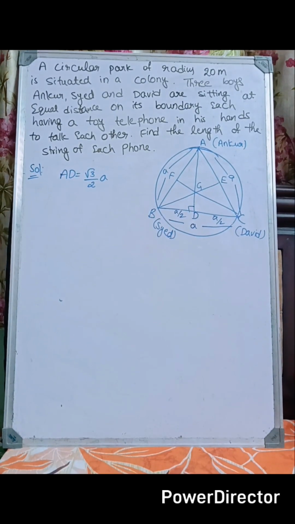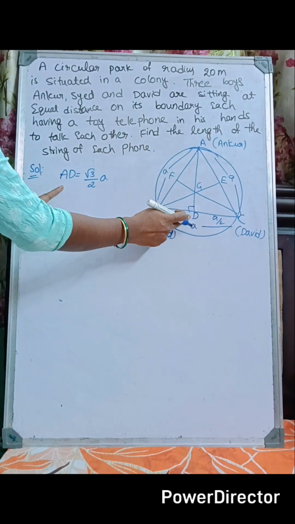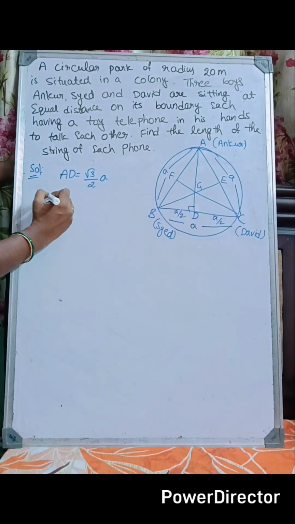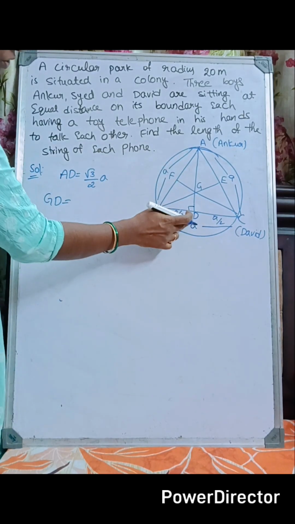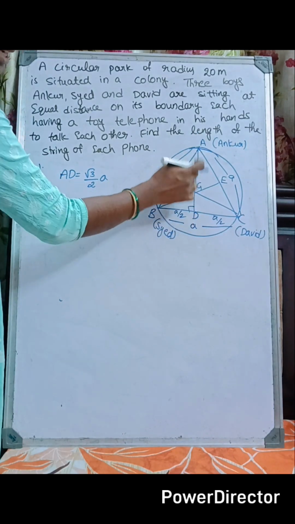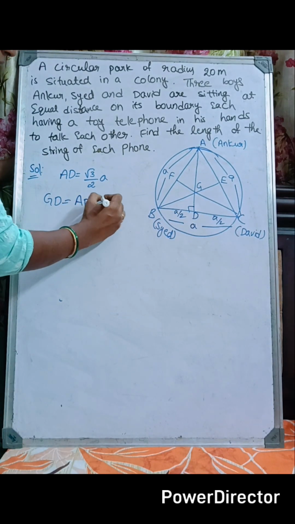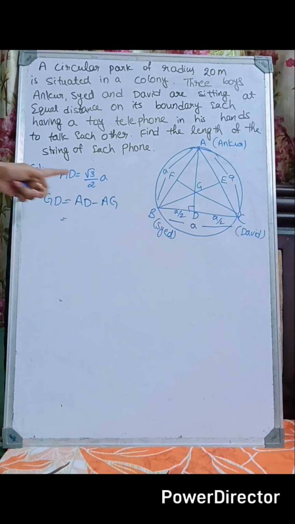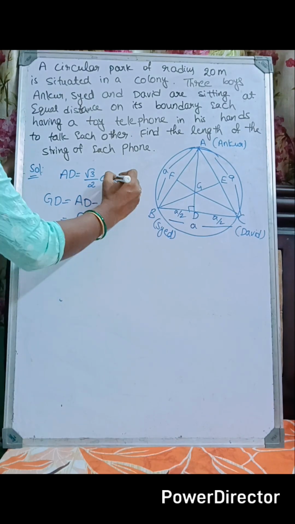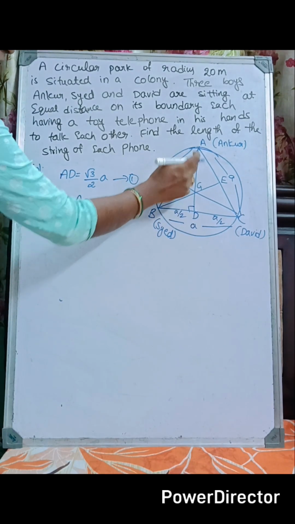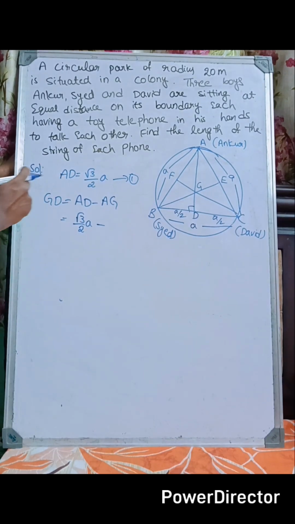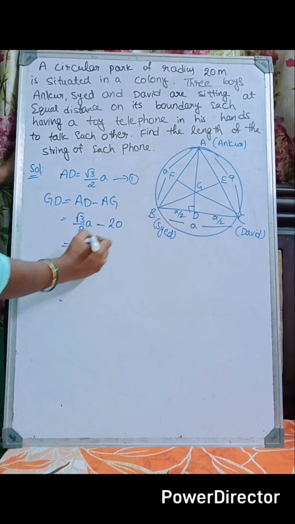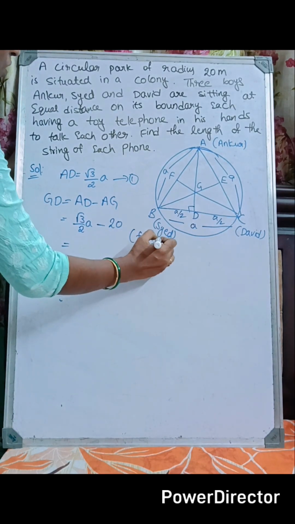We got the AD length as root 3 by 2 A, and AG is the radius of the circle from the given data. The radius is 20. So GD is root 3 by 2 A minus 20. We have got this value from equation 1.